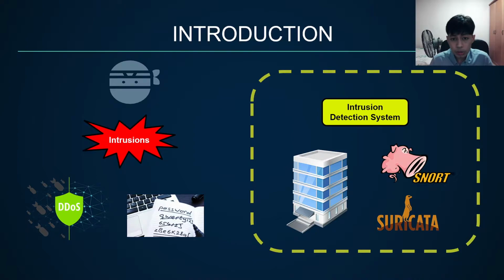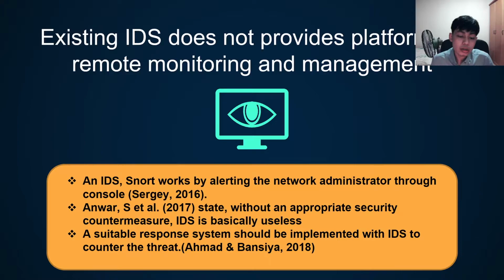The popular ones being used are Snort and Suricata. But the problem is the existing IDS such as Snort does not provide a platform for remote monitoring and management. That means whenever the attacks happen, the administrator does not have the platform to intercept the attack.